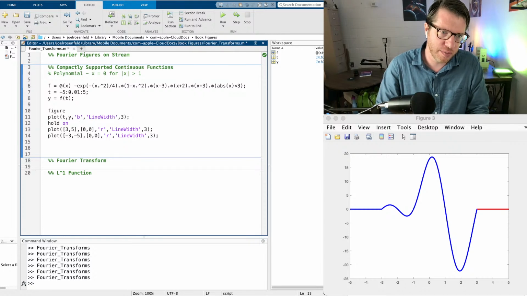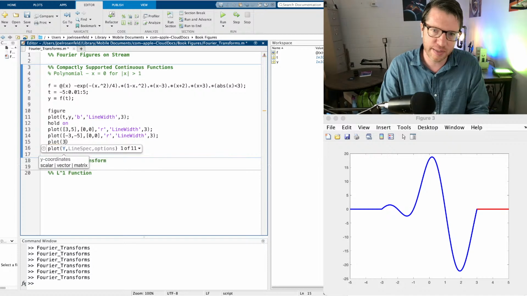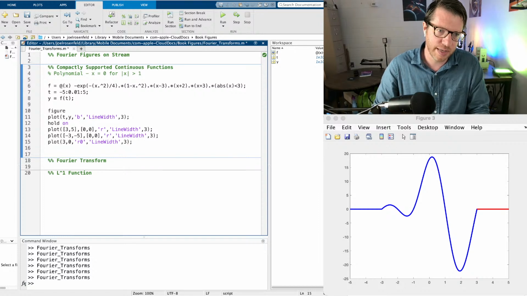And so kind of plot, say 3, 0, red, and let's put a circle. Circle, let's say line width 3. Okay, so that should be good, and we'll put the same one at -3.